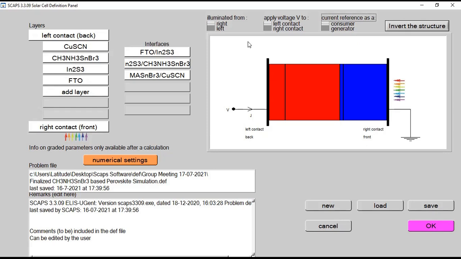You need to set one value and compute the power conversion efficiency, fill factor and other parameters. For example, if I am going to explain about the defect density, you check the effect of the defect density at 10 raised to the power 14, 15, 16, 17. Each value will provide you some tentative results. You can put the results in an Excel sheet and easily plot the graph, and then in Excel you can change the axis however you want.